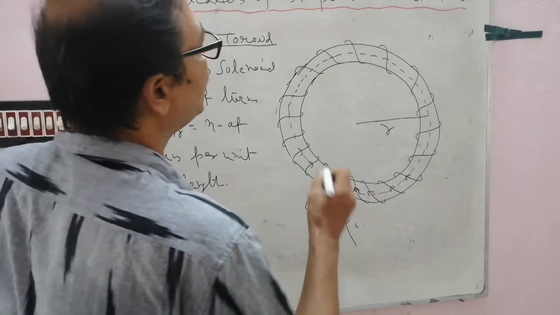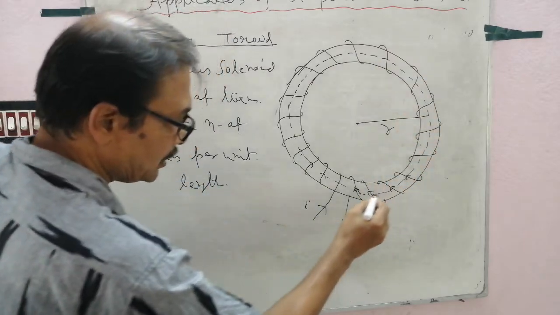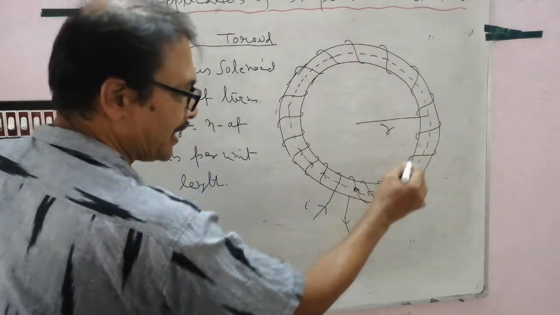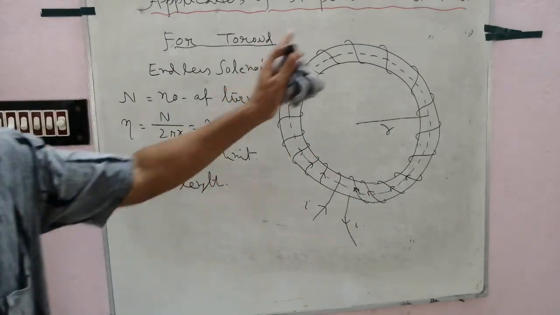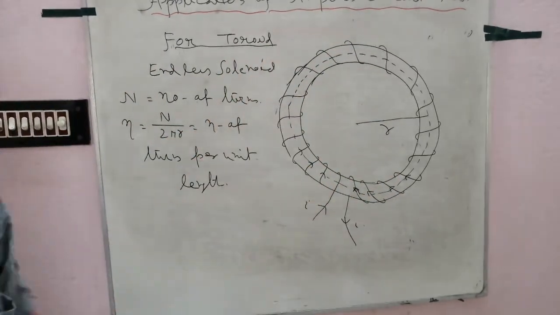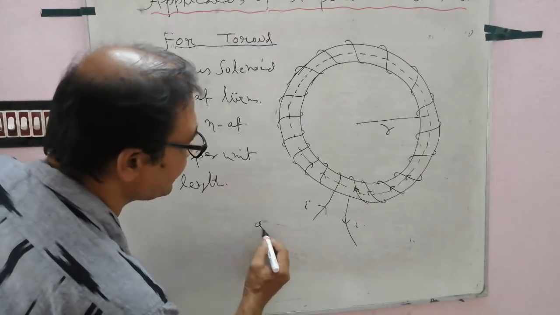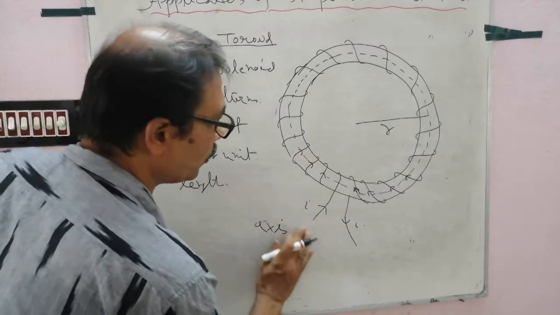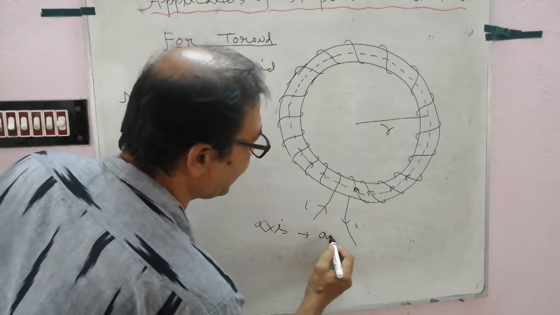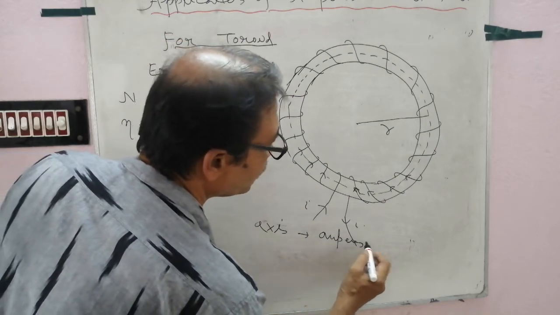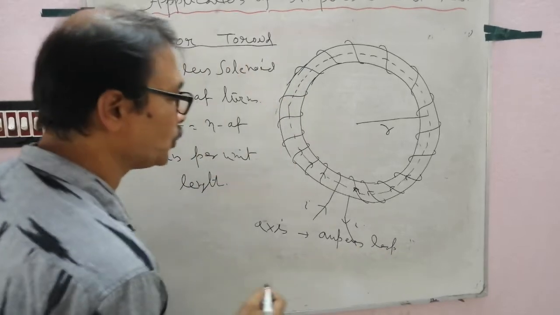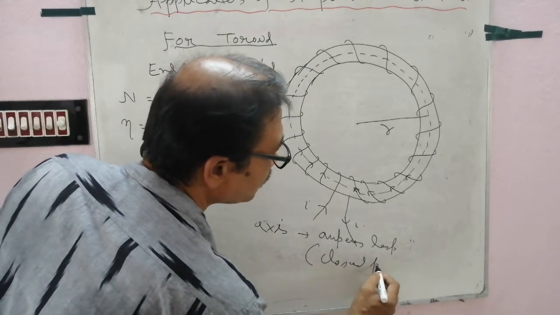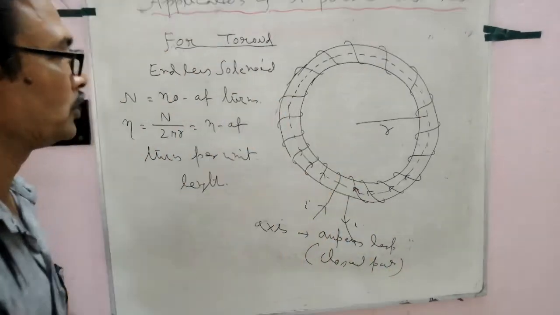Follow. This is the Ampere loop. This circumference 2 pi r, the closed axis of the toroid, is the Ampere's loop or closed path.